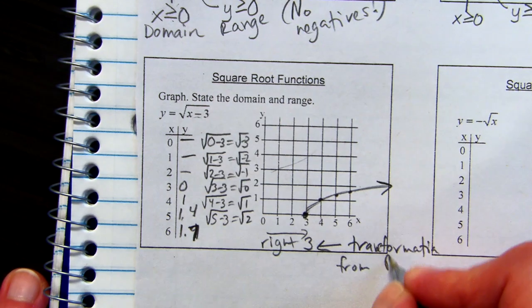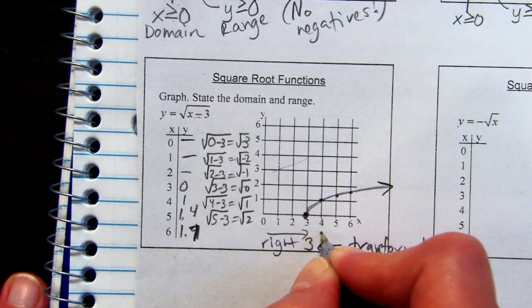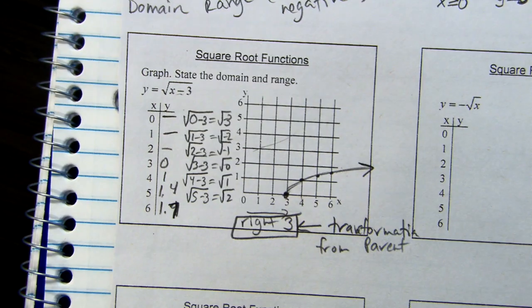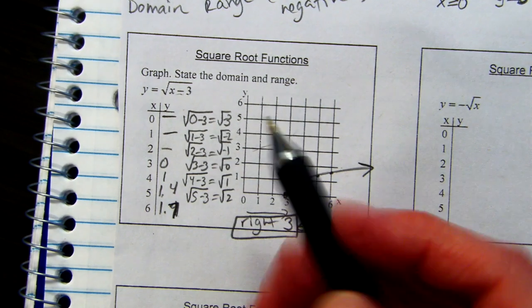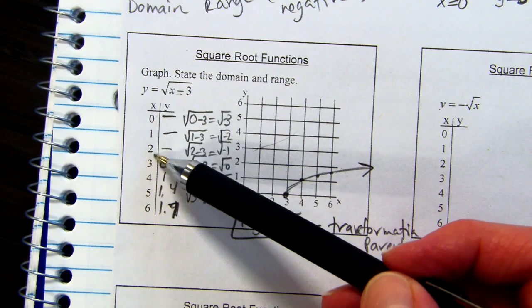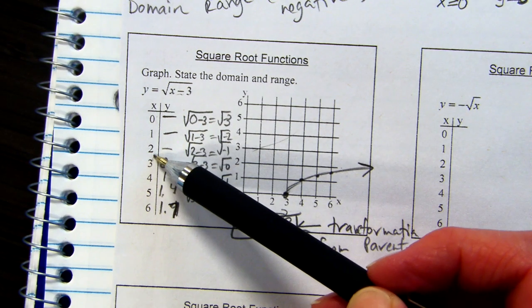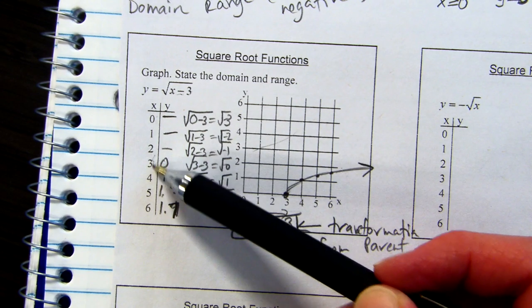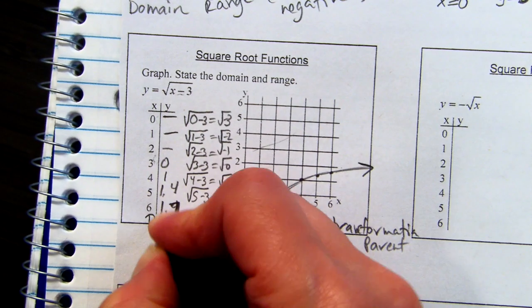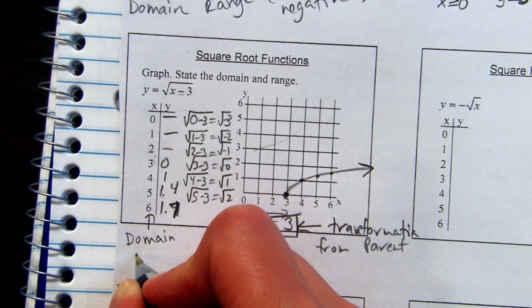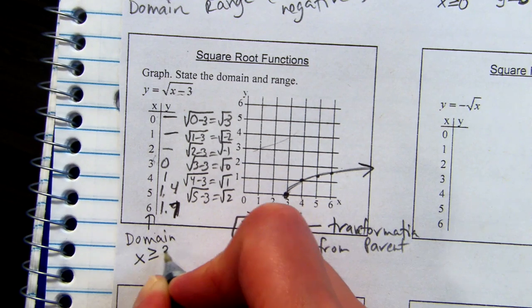This is what they're asking for. If we ask for the domain, we could not put in the numbers in this section. The only numbers we could put in were 3 and up.